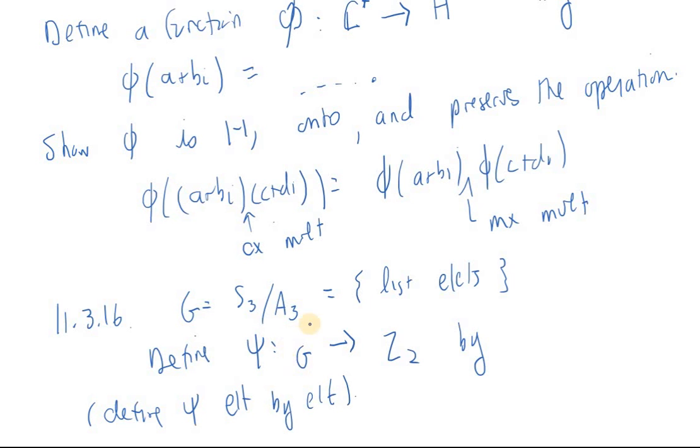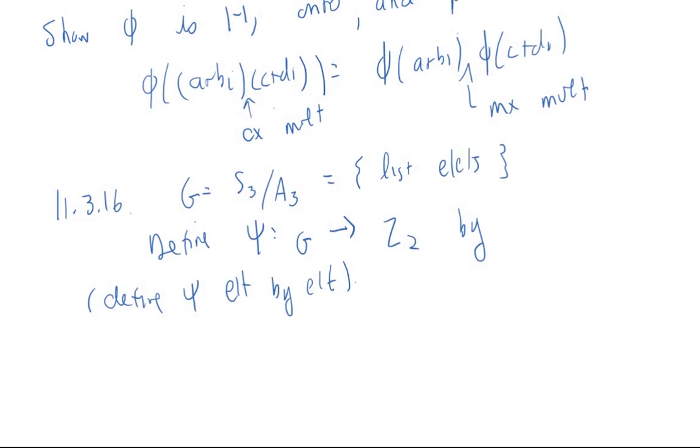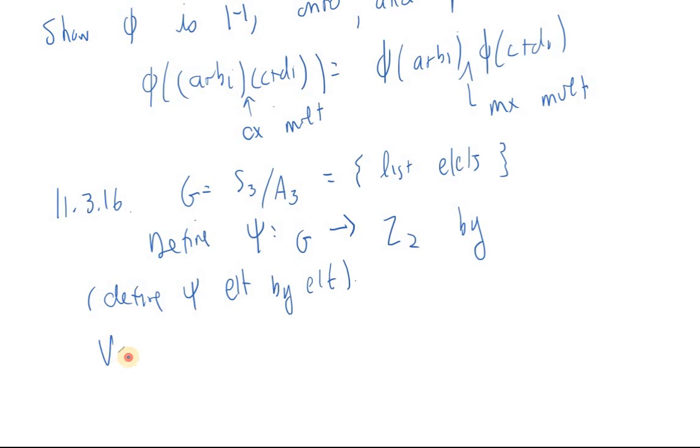Okay, you've got a limited number of elements of G. You can just define the C of each element of G as a value in Z2. And then you can just verify that C is 1-to-1, onto, and preserves operation.